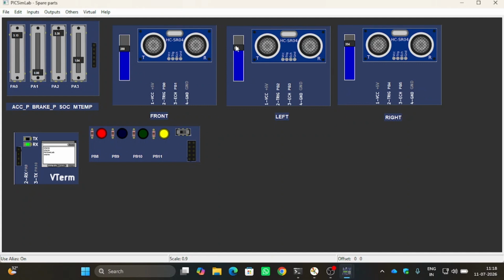Let's see the left collision. Now we can see the blue LED, which represents the left collision.